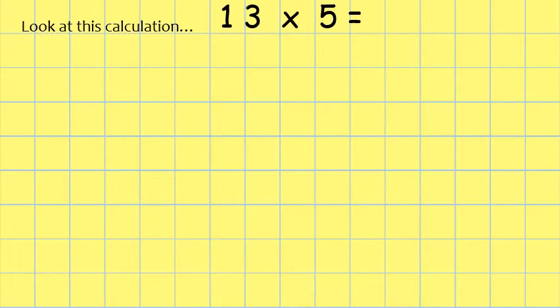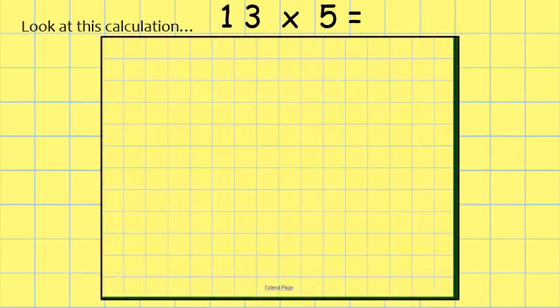Look at this calculation. Okay, so the number that I've chosen, or the sum, is 13 multiplied by 5 equals. Expanded column first, my labels in, 10, and the ones number of 13.